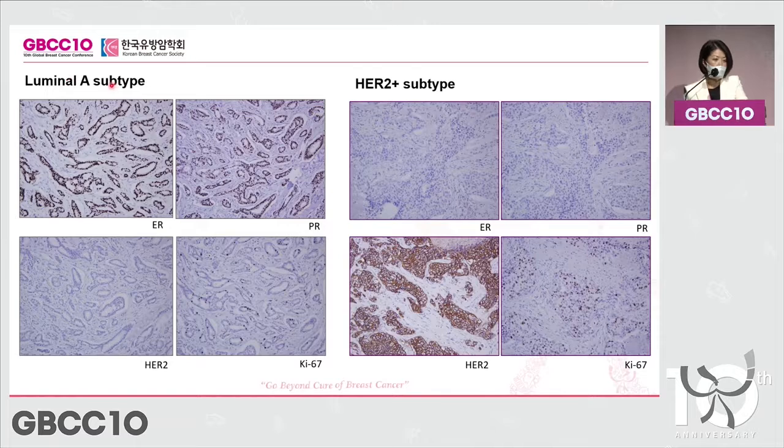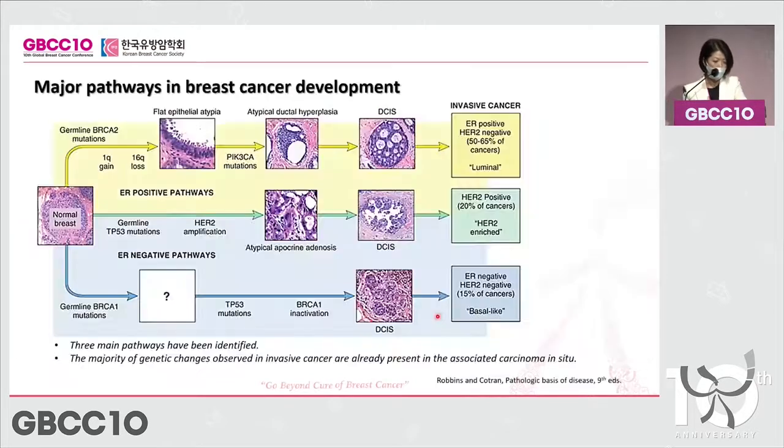In some cases, for example, the luminal A subtype will be ER positive, PR positive, and HER2 negative. For HER2 positive, ER negative, PR negative, but HER2 is positive, as you can see here. So this is how we can identify the subtypes.